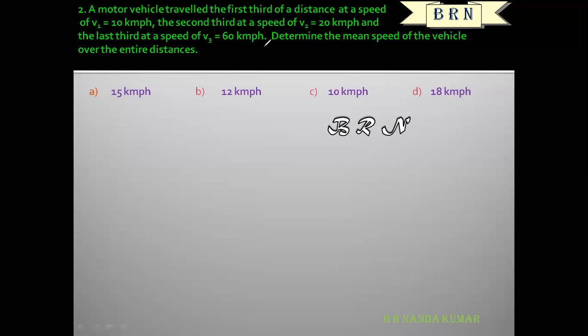Determine the mean speed of the vehicle over the entire distance.